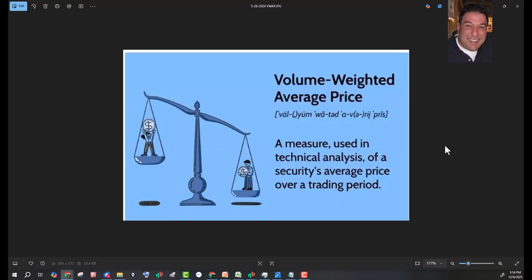So for me, it's essential to know whether the security is in demand, because if it's in demand, you will typically see price rise. And when price rises and the shares sell for higher and higher, the VWAP moving average will also rise along with the shares that is sold at higher prices.